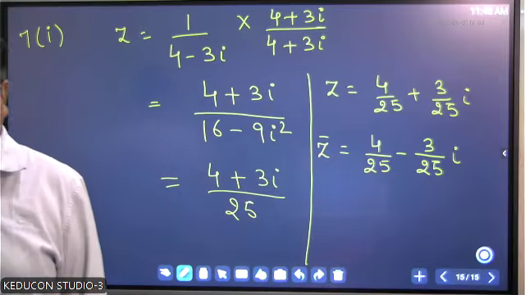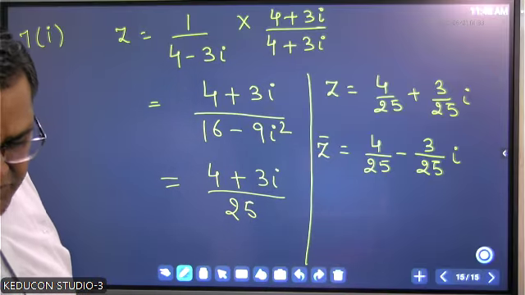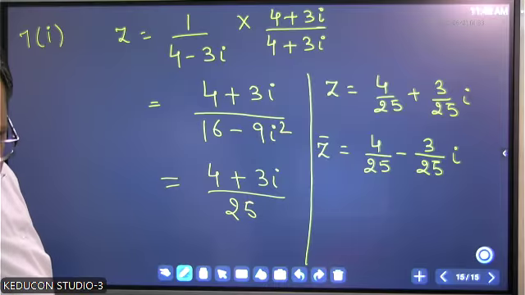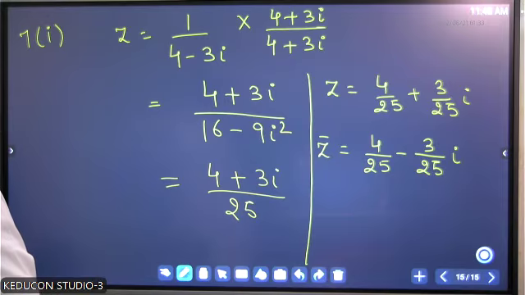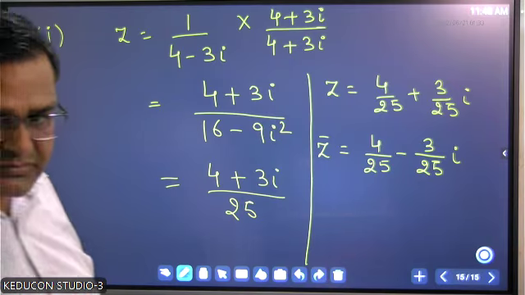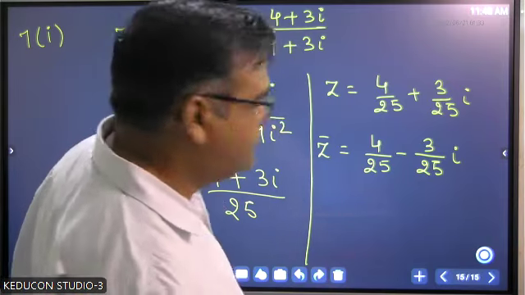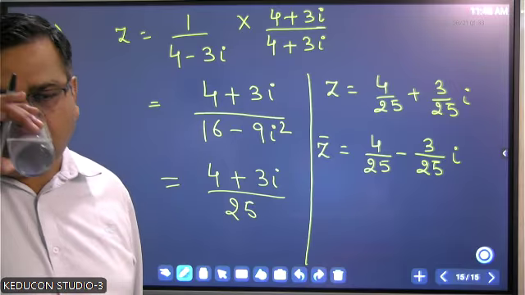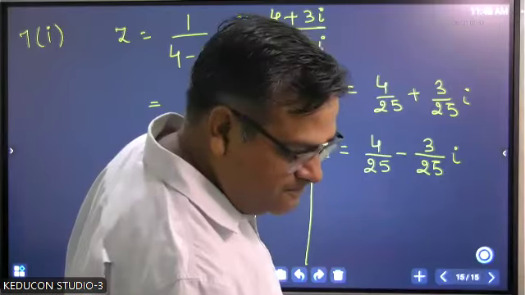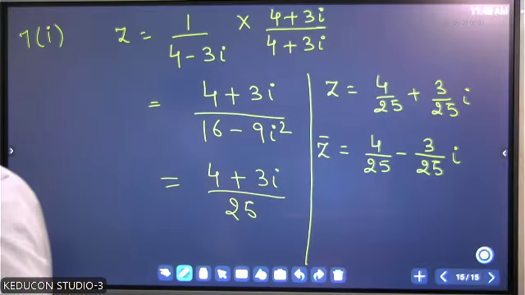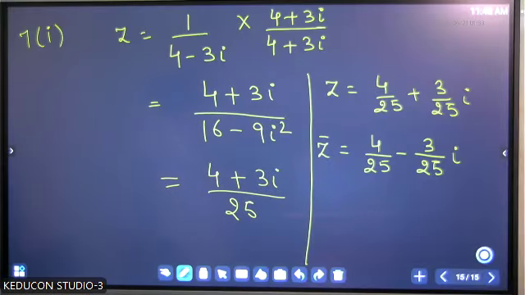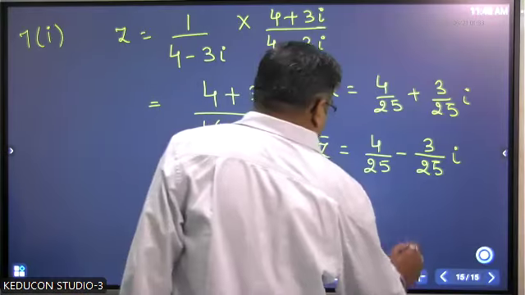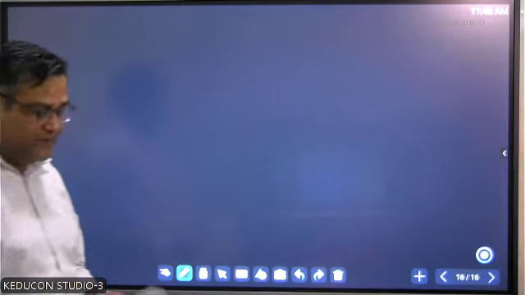Is this clear? Is it clear, students? Yes or no? Yes, students. Right. Now, this is the conjugate. This we were supposed to find out.